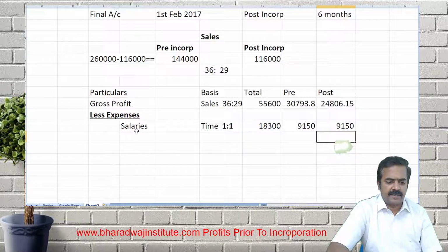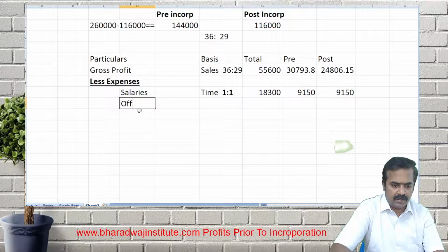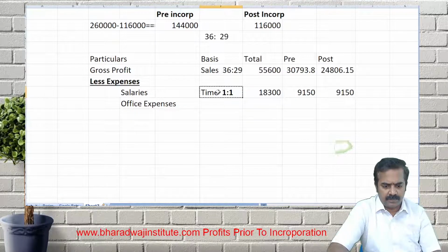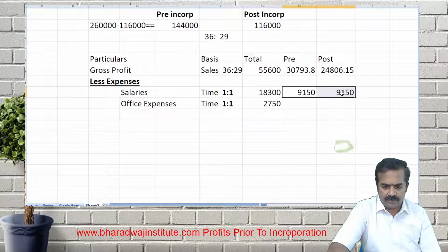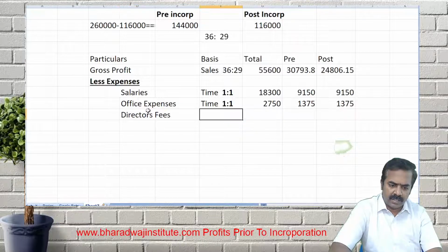What is the next expense? Office expenses, same time ratio. Amount? 2,000. Then what is the next one? What is the director's fees?